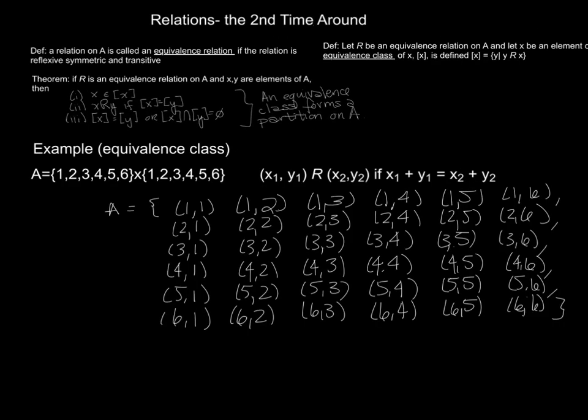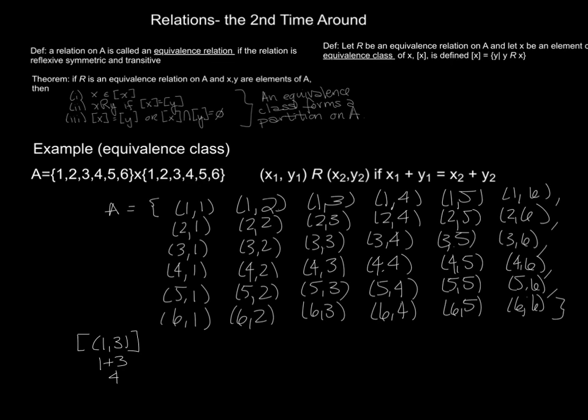So I wanted to look a little more at what the partitions look like. Let's take, for example, the cell 1, 3. The things that are equivalent or in the same cell as 1, 3 are the ordered pairs that sum to 4.